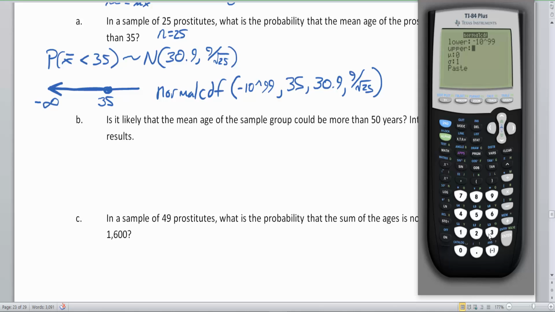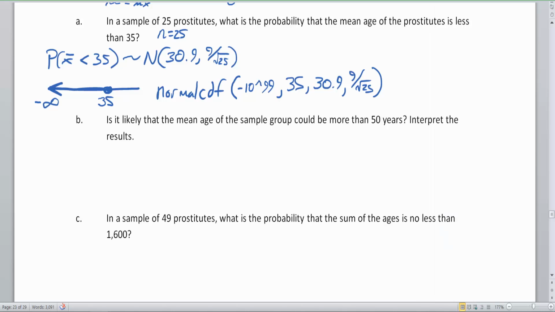The upper bound is 35. Our average is 30.9. And our standard deviation is 9 divided by the square root of 25. And then hit enter and paste, and that will put that right in there for us. And this gives us an answer of 0.988, or 0.989 if we rounded to 3 decimals here.